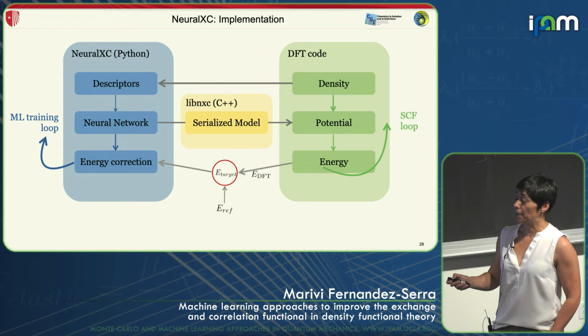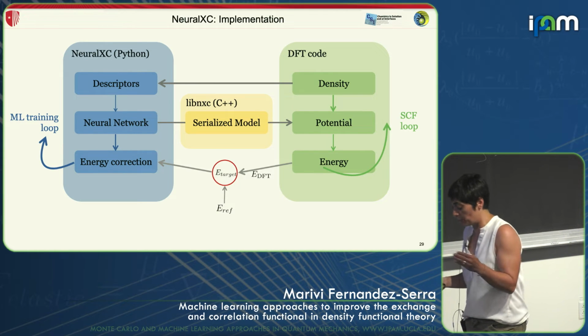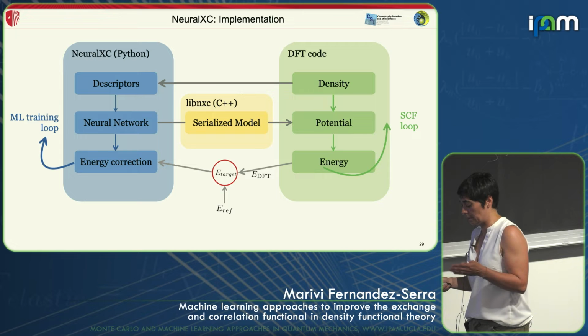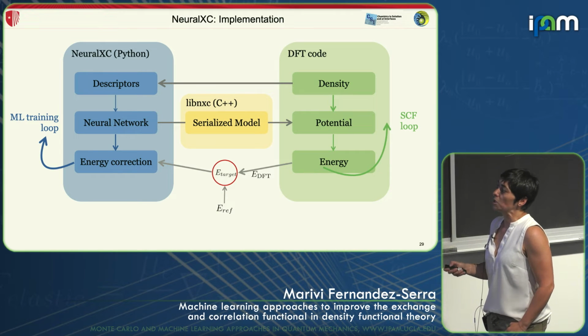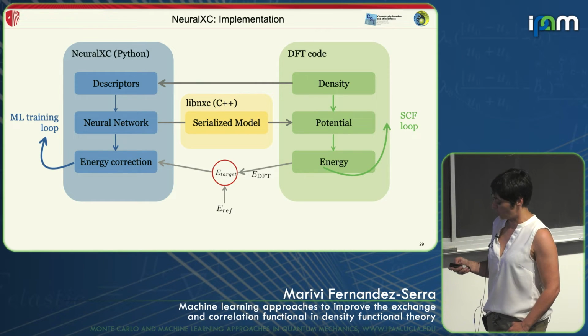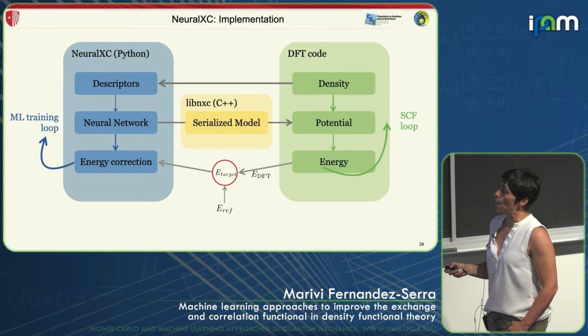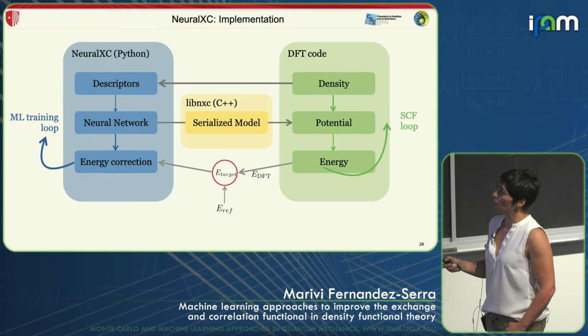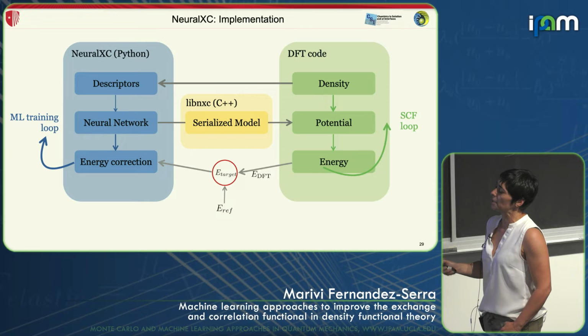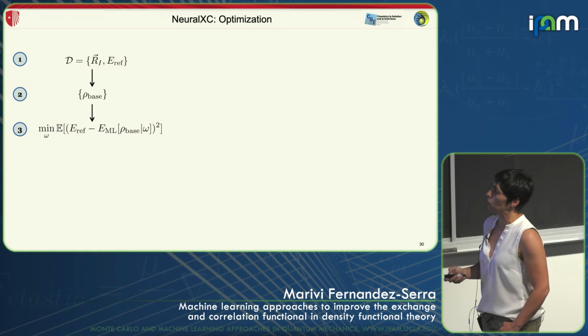And then we have libnXC, which mimics, and indeed is a plugin to, libXC, and can be interfaced with any electronic structure code. It takes these neural network models and adds them to the underlying DFT potential, so then you can do the full loop.